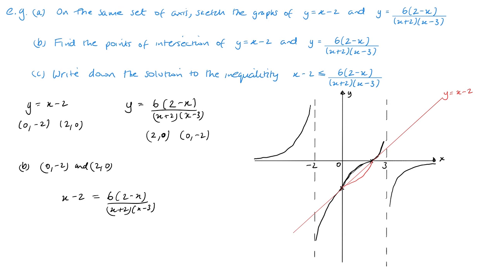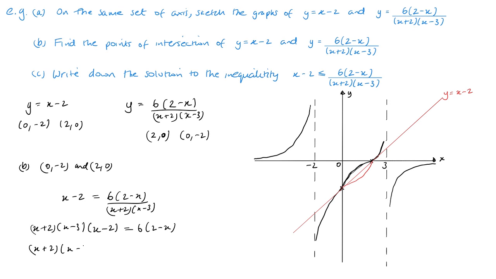Now it's not an inequality, so I can just multiply it out. So I've got x plus 2, x minus 3, x minus 2 equals 6, 2 minus x. Now take things to this side.